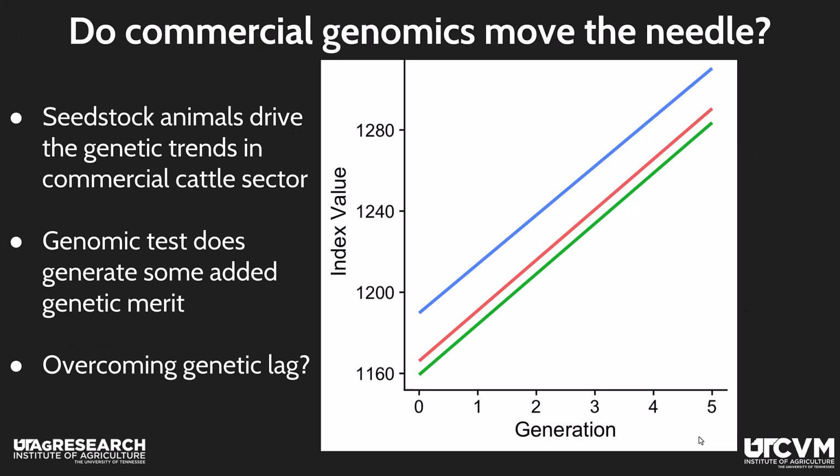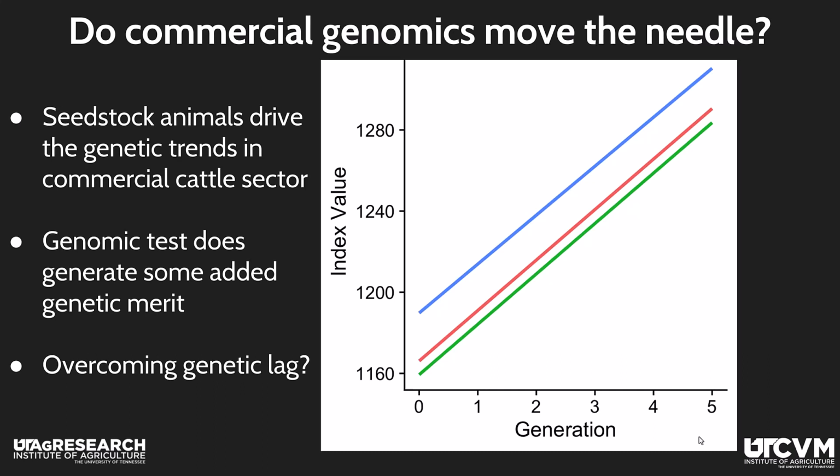The one other thing I've done some simulations on here is really just showing the effect that a bull purchase has on a commercial operation. What we've got here is effectively 5 generations of selection in a commercial herd. Our green line is a commercial herd that randomly selects their replacement females.